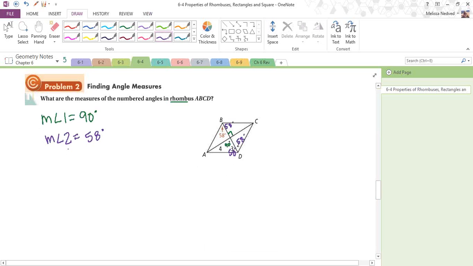And to find that, we use the fact that opposite angles are congruent and that the diagonals of a rhombus are angle bisectors.